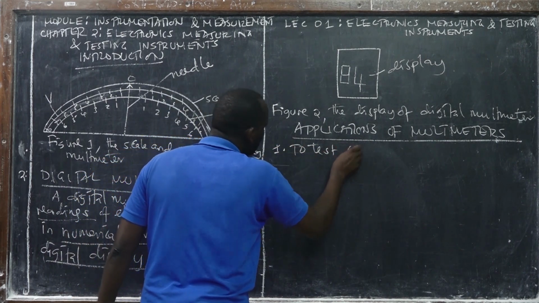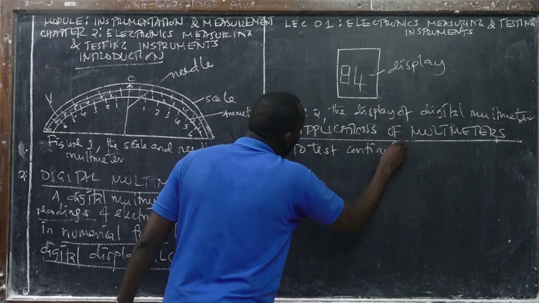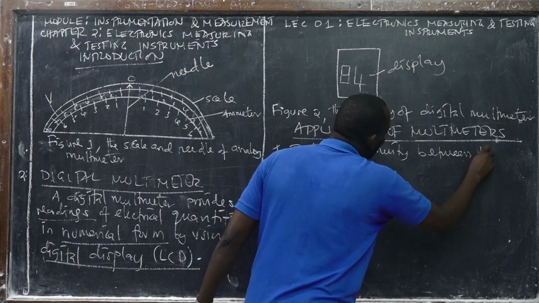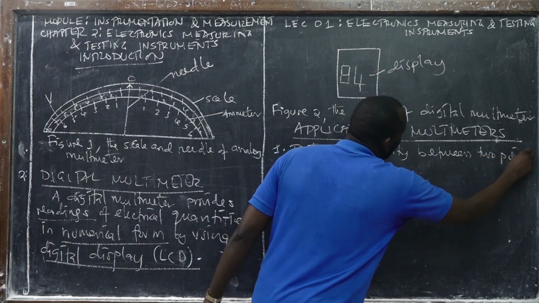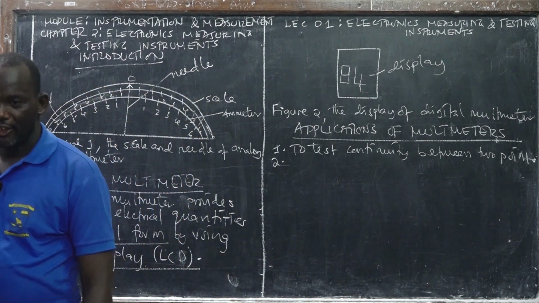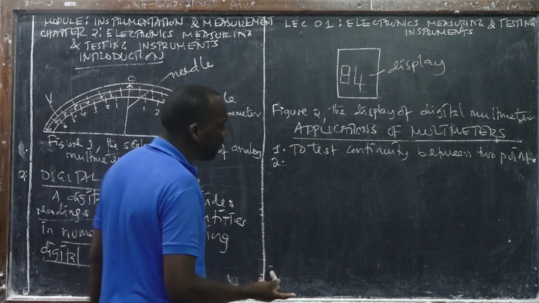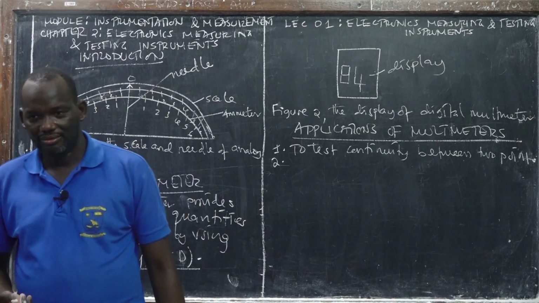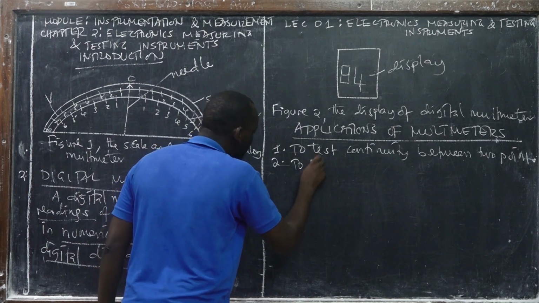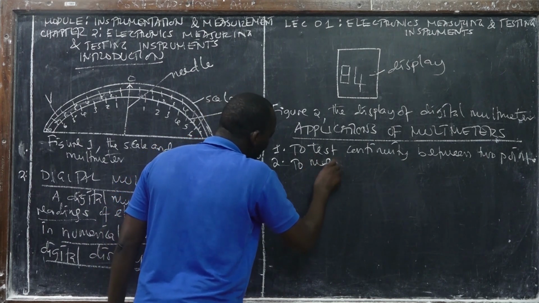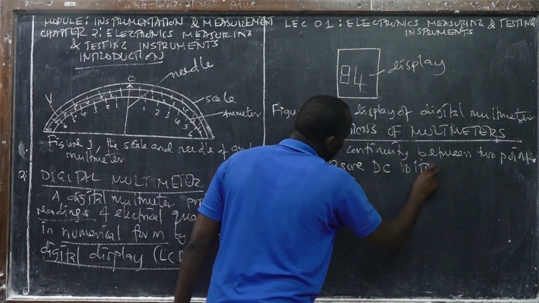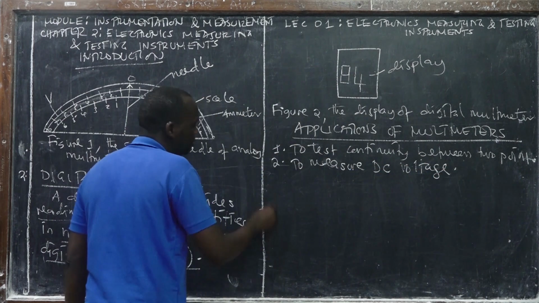Continuity between 2 points. Kanje, the second application of multimeter. To measure voltage. Which type of voltage? To measure DC voltage. So multimeter can measure DC voltage. Say DC voltage.